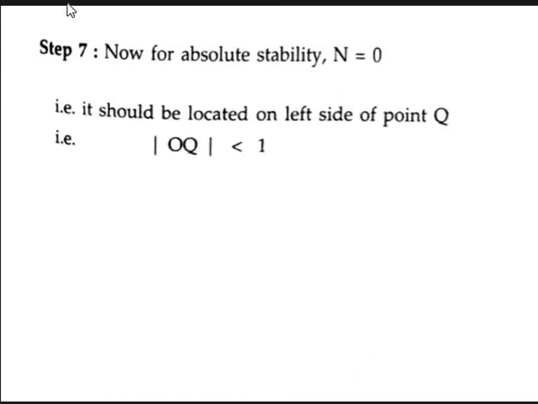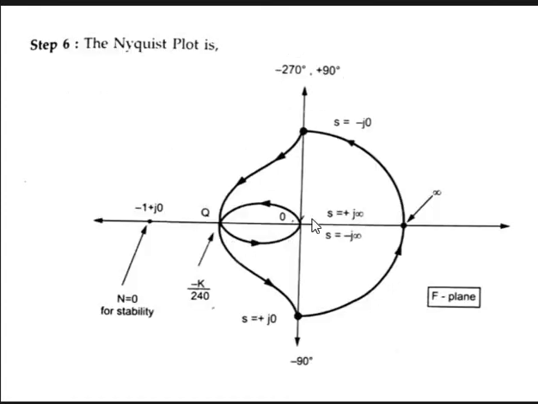Now we want to calculate the k value for which the given system is stable. For absolute stability, n is equal to 0, which means the critical point is not encircled by the Nyquist plot, so it should be located on the left side of point Q. Therefore the distance OQ must be less than 1. Here O is the origin and this is the Q point.